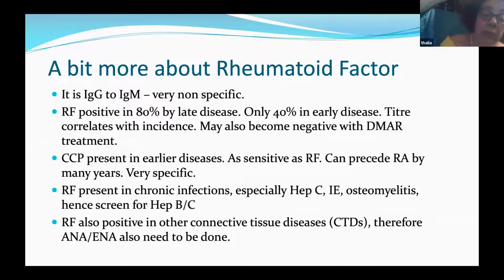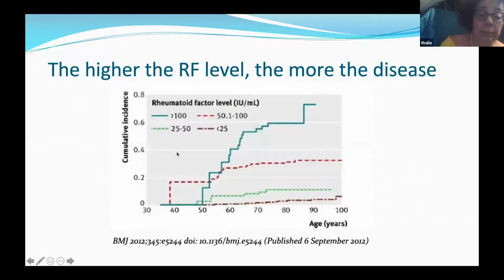Therefore, antinuclear antibodies and extractable nuclear antibodies need to be done. This is a graph which indicates that the higher the rheumatoid factor, the more severe the disease is. We do see levels that drop with the drop of the disease activity.